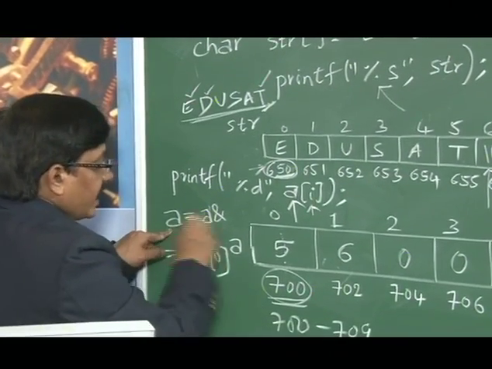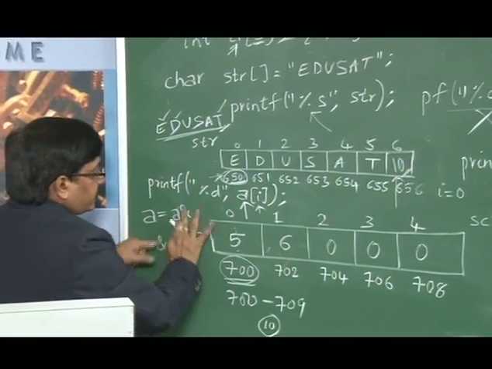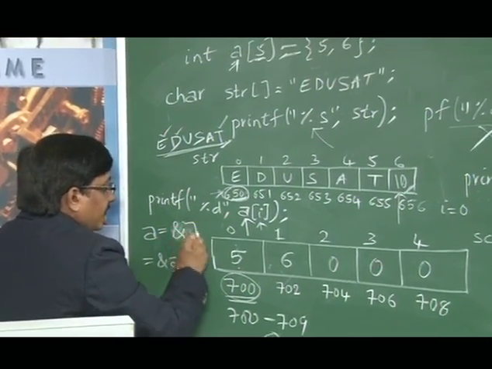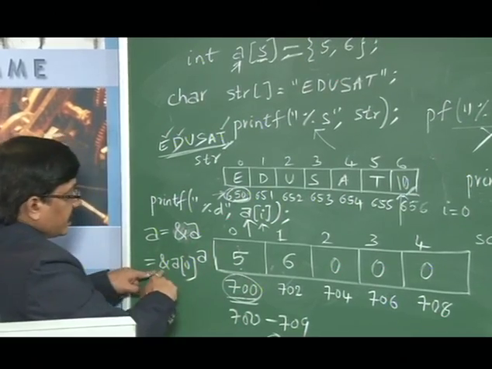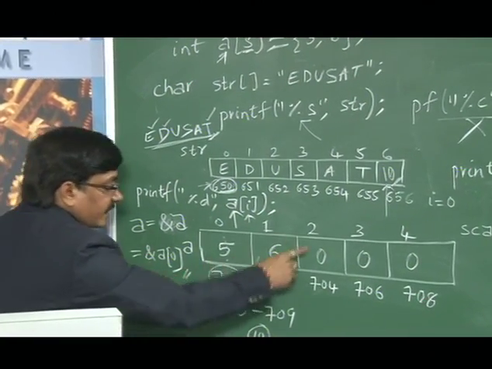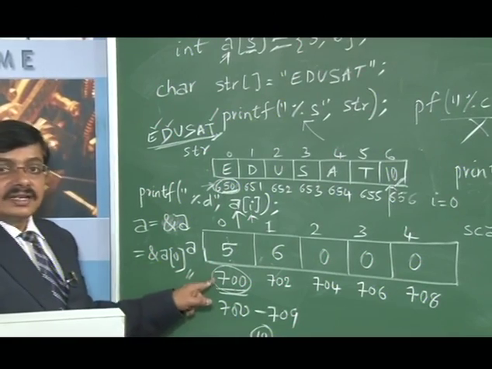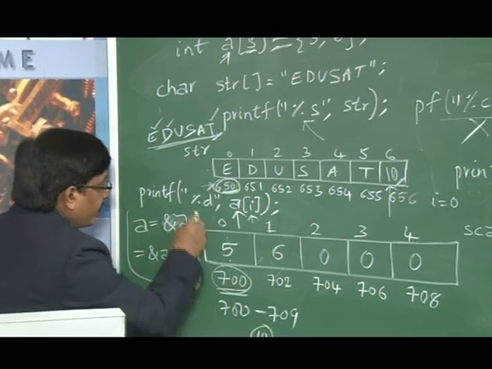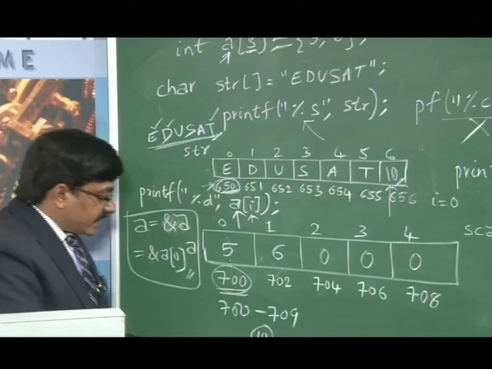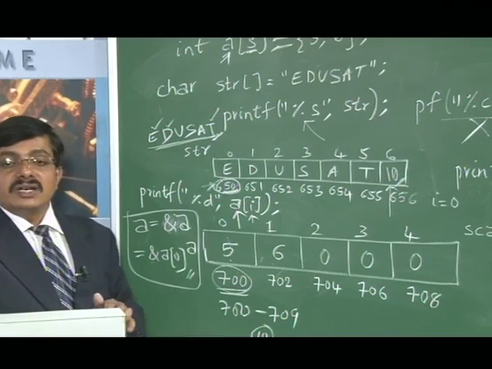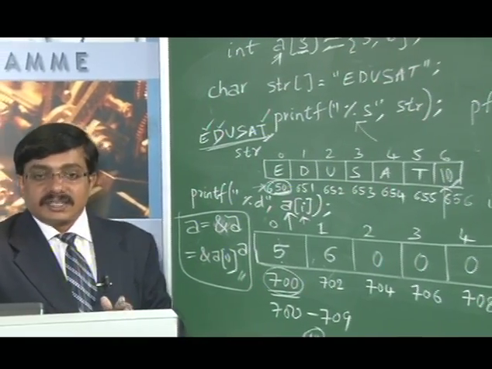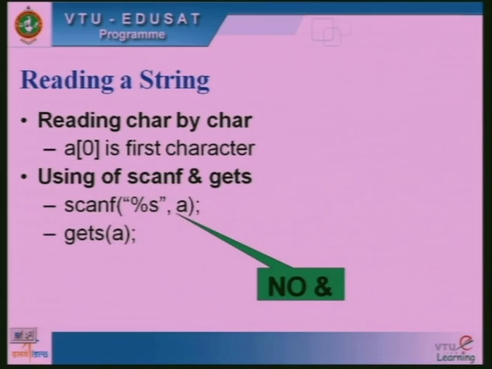That is, the value of a is 700, the address of this array is also 700, and even the address of the 0th element of this array is also 700. So this is the thing we should keep in mind when using arrays. The concept of address you will learn once you understand the concept of pointers. Anyhow, using scanf and gets we can read the strings.